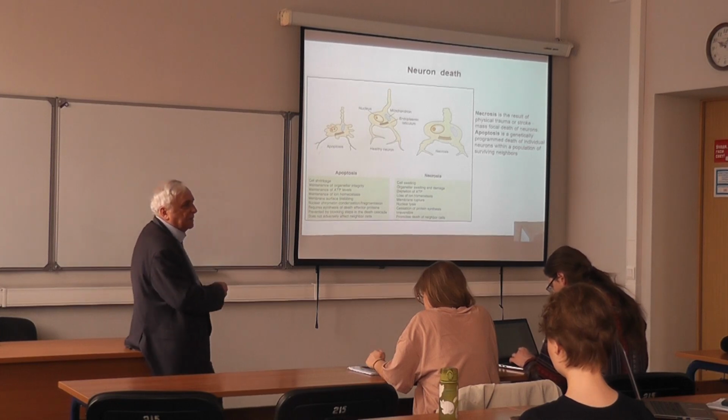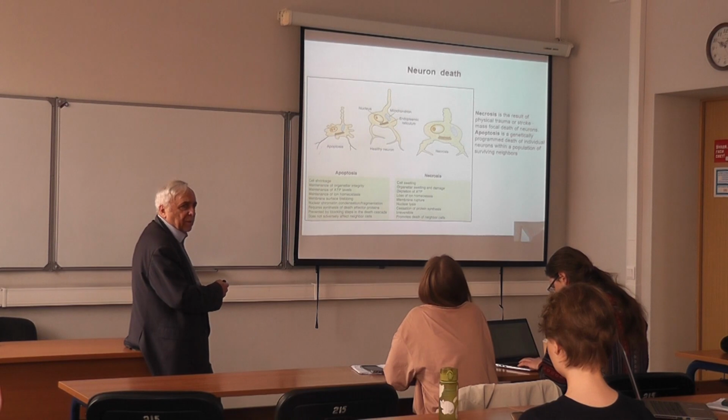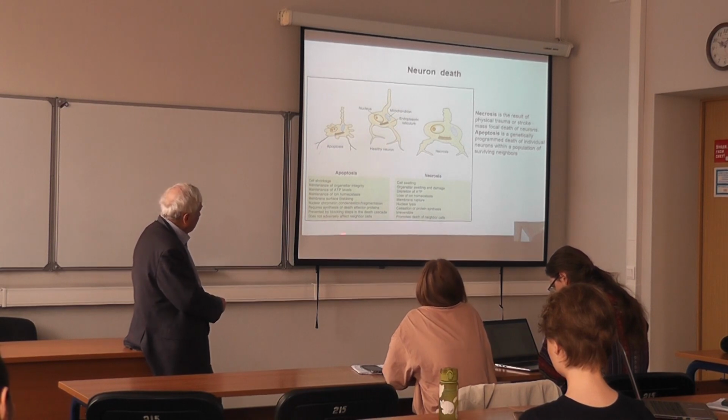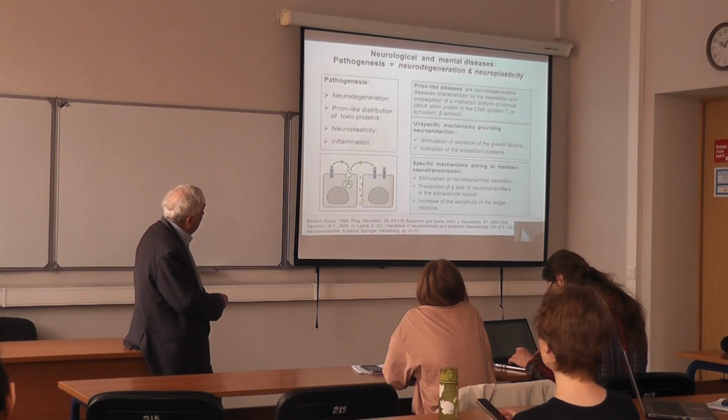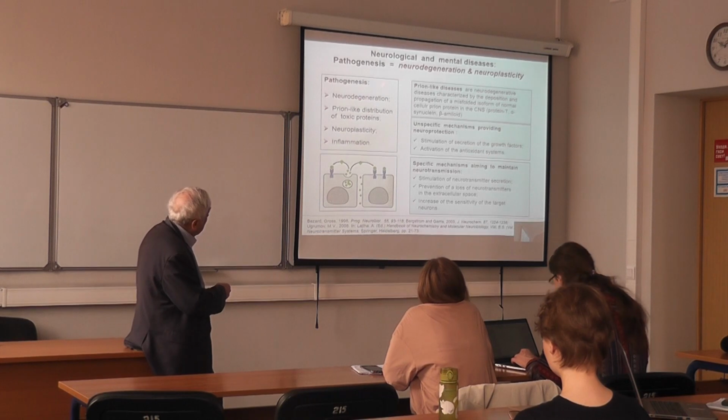Apoptosis means that this is a genetically predetermined death of the neuron, and it develops in chronic diseases like Parkinson's disease, like Alzheimer's disease.